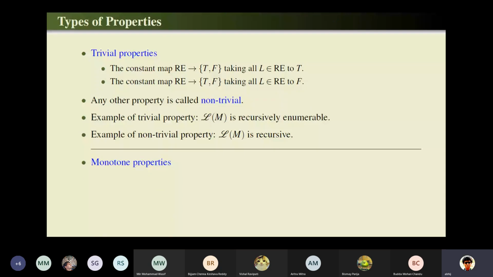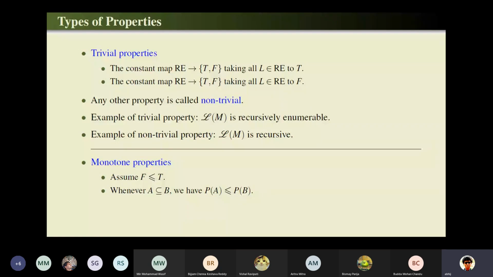Formally, this is the definition. Assume that false is less than or equal to true. That is not very uncommon: false is 0, true is 1. Whenever A and B are two RE sets such that A is contained in B, then P of A is less than or equal to P of B.